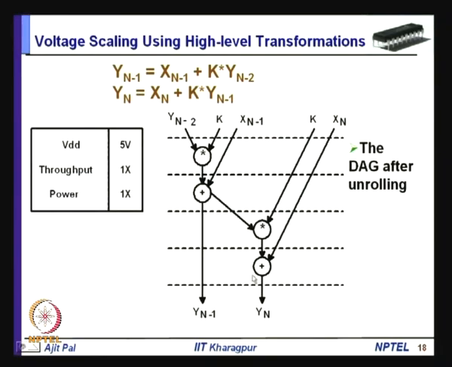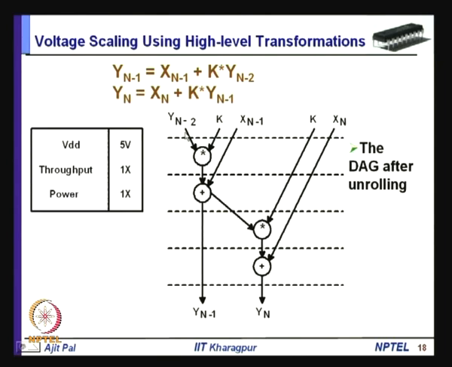So, whenever we do loop unrolling, the size of the code increases, but in this particular case we are not doing it by executing instructions, but using hardware. So, here if we want to generate y n minus 1 and y n together, obviously we have to duplicate the hardware, and this is the corresponding DAG.